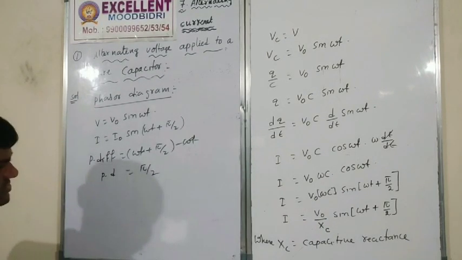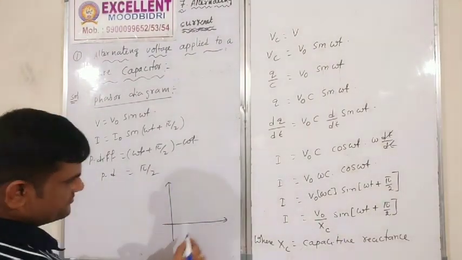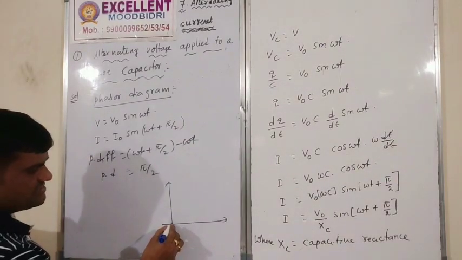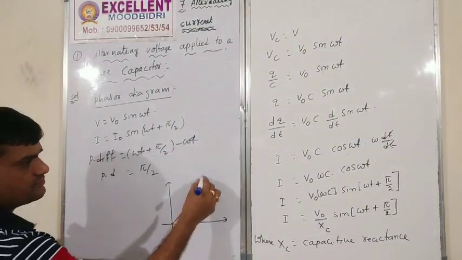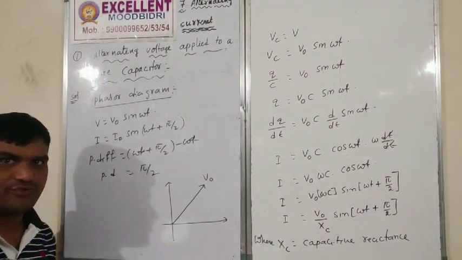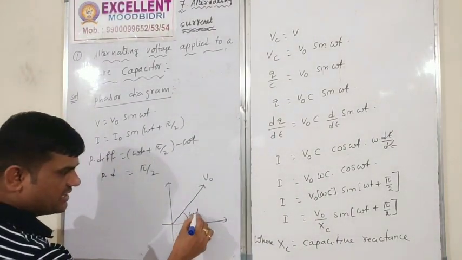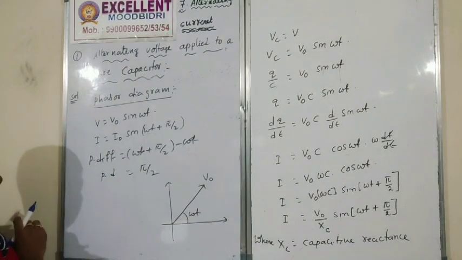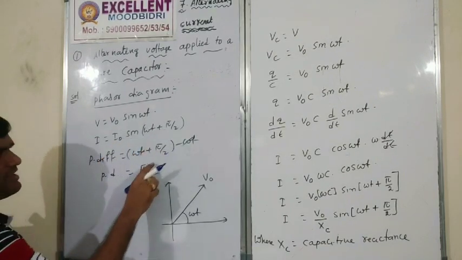Then the phasor diagram along the x-axis and y-axis. For example, if I consider this is the voltage phasor V naught, from here to here is omega t. Then the angle between I and V naught is pi by 2.